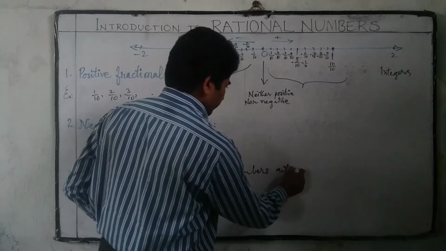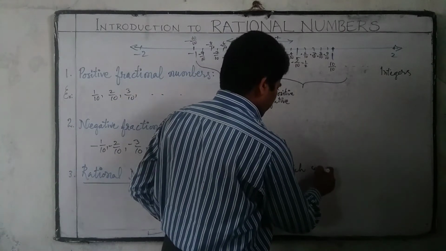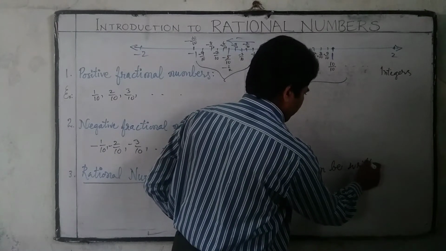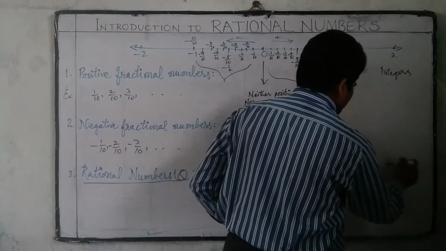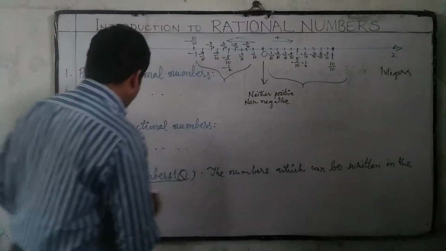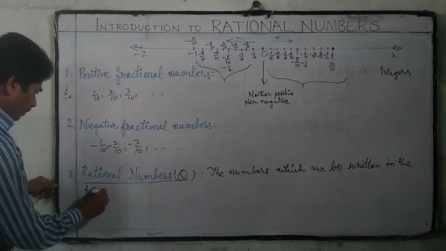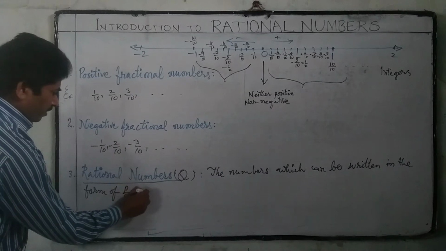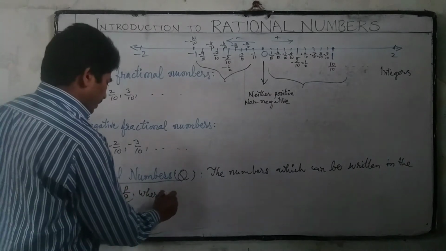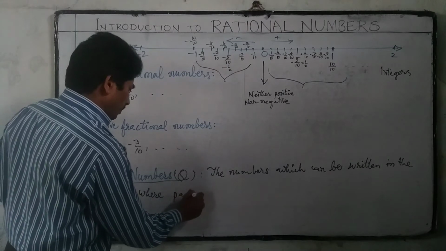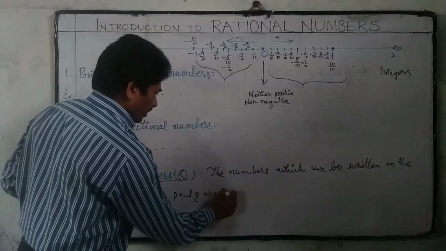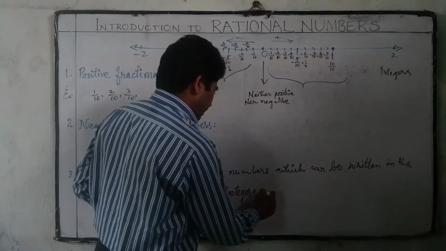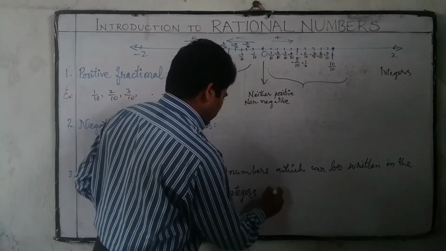The numbers which can be written in the form of P by Q, where P and Q are integers, Q not equal to 0.